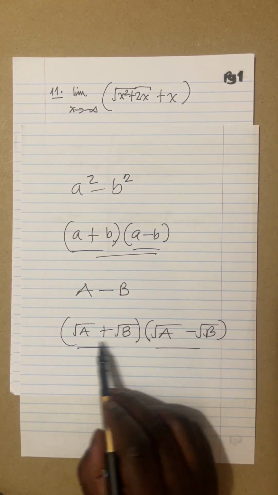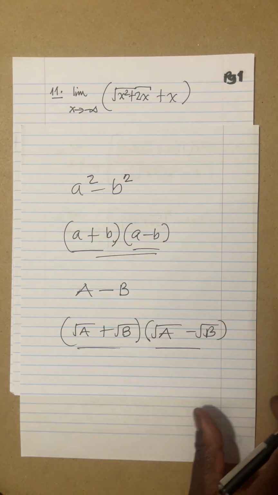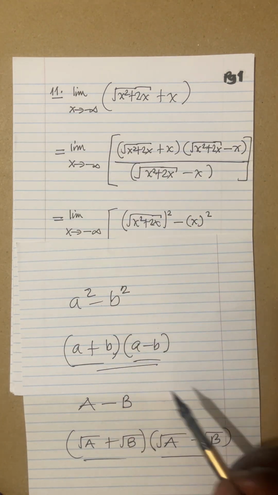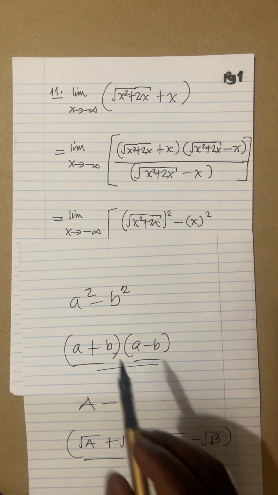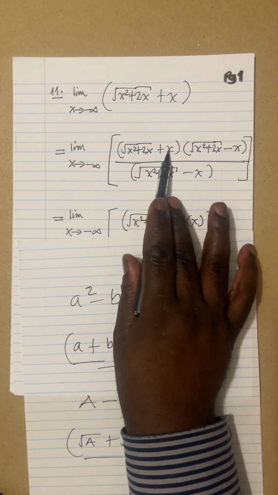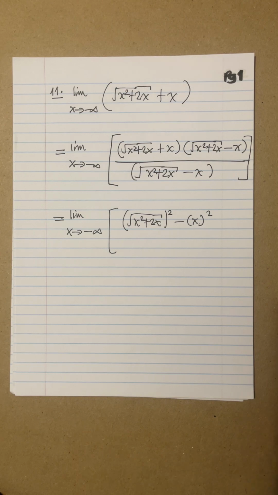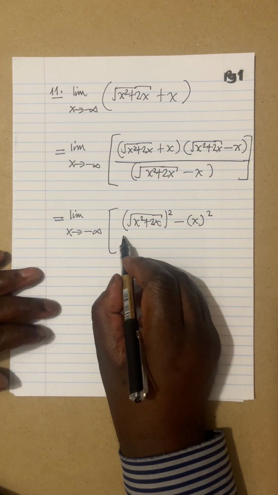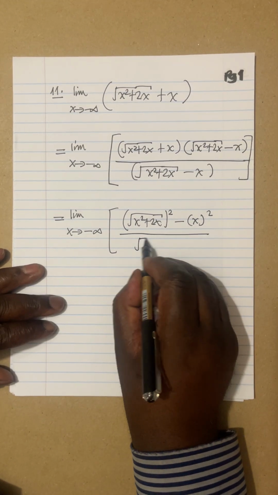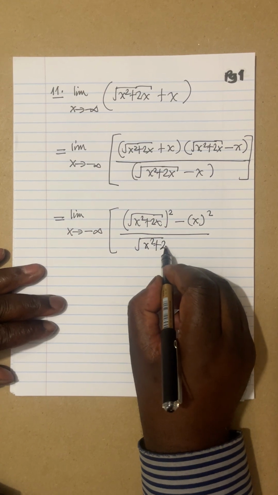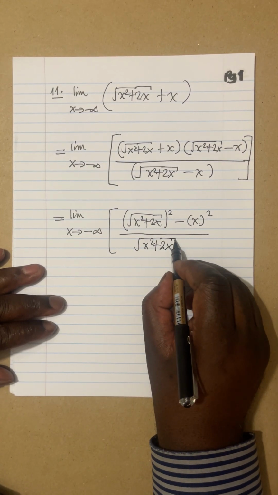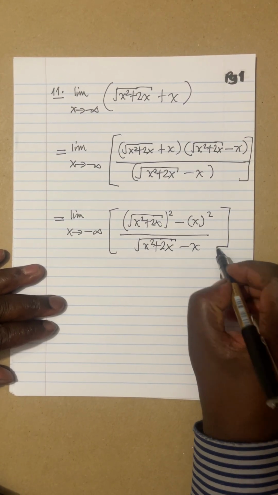This form is exactly what you see in the numerator there. And the way that we deal with that is by squaring each term of these two and then subtracting them, like this. Right, so in the denominator we still have square root of x squared plus 2x, minus x, like that.